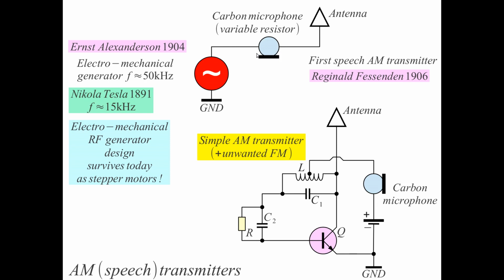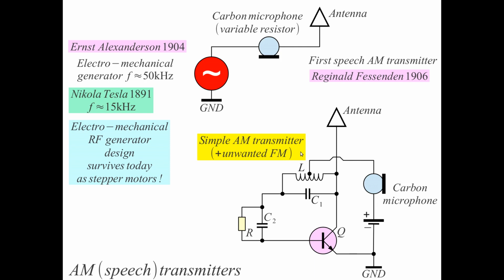We can still do the same. This was the first speech AM transmitter, built by Fessenden in 1906, allowing radio broadcast. We can also build the same today with just a single transistor, making a single oscillator, and modulating its supply voltage with a carbon microphone, acting as a variable resistor here.